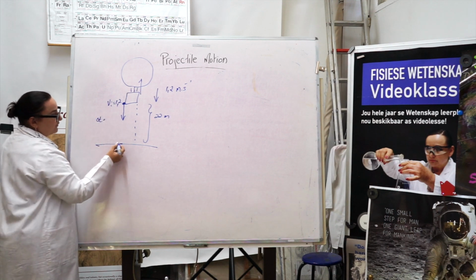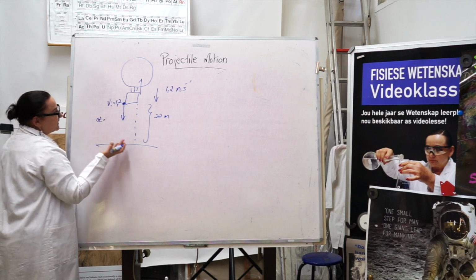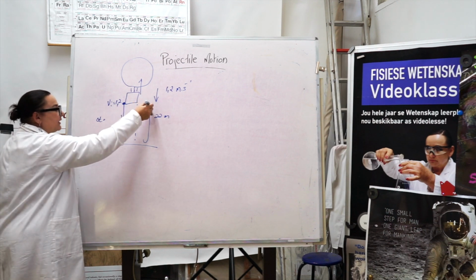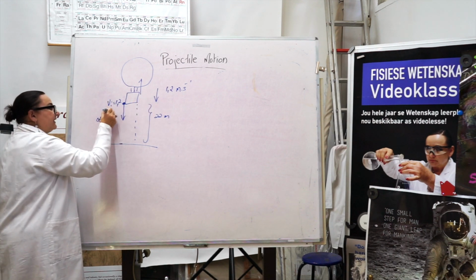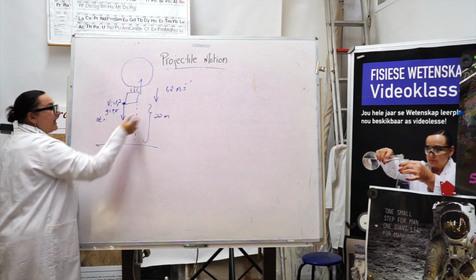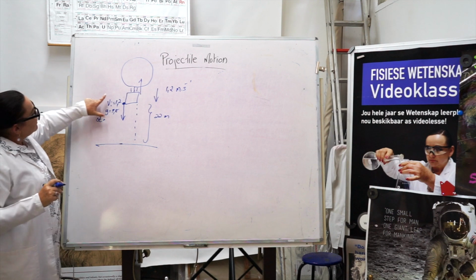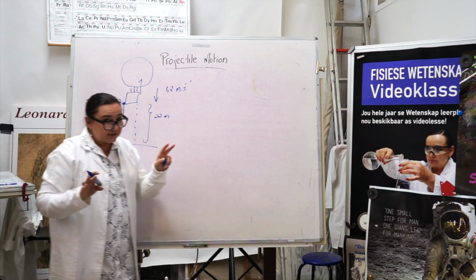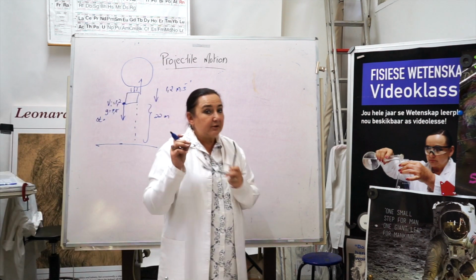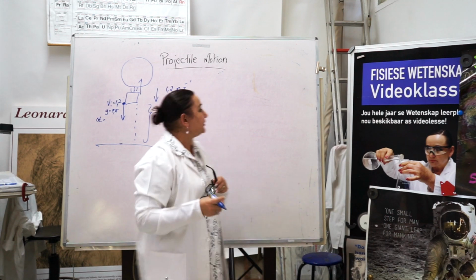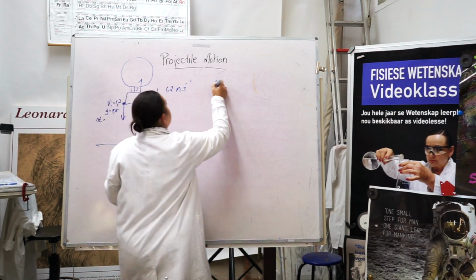What else do I have? Now I don't have a final velocity. I've got g as 9.8, and I've got delta y as 22 meters. So since I don't have a final velocity, the formula that I can now use would look like this.